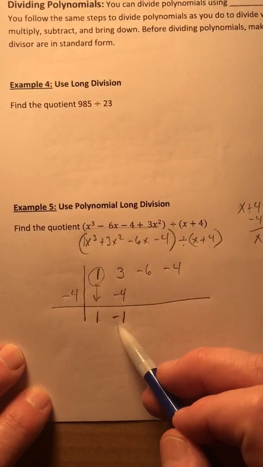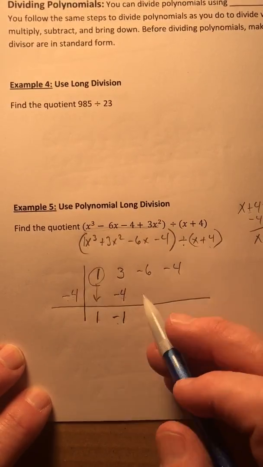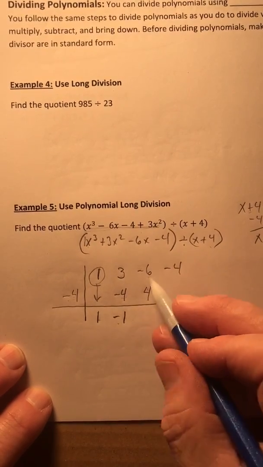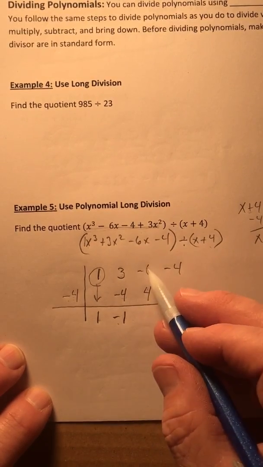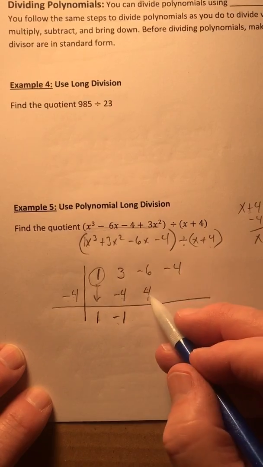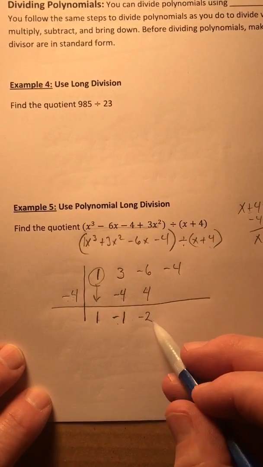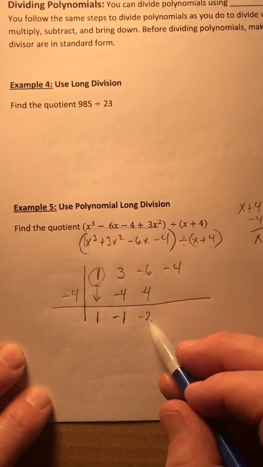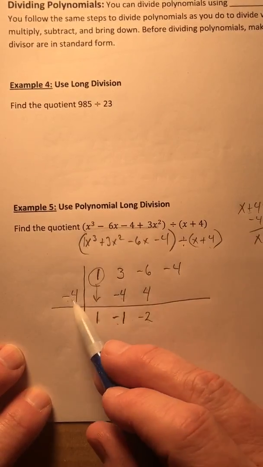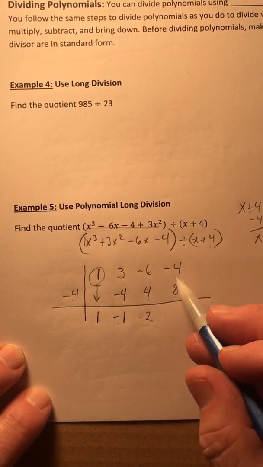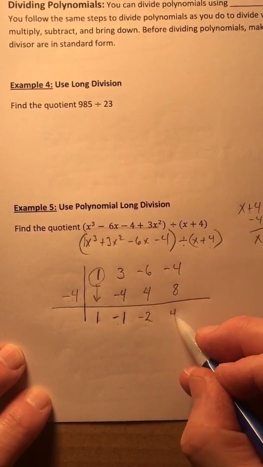Negative times negative gives us positive, 4 times 1 is 4. Put our answer under the next term, and then we add again. Negative 6 plus 4 gives us negative 2. Then once we have that number down there, we multiply again. Negative 2 times negative 4 gives us a positive 8. And then we add again and we get 4.